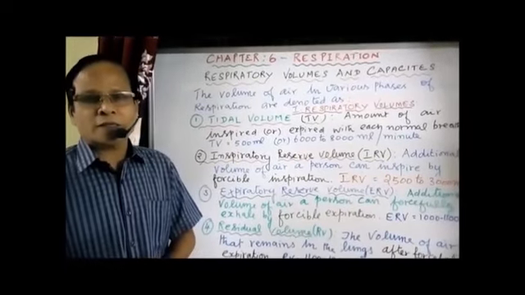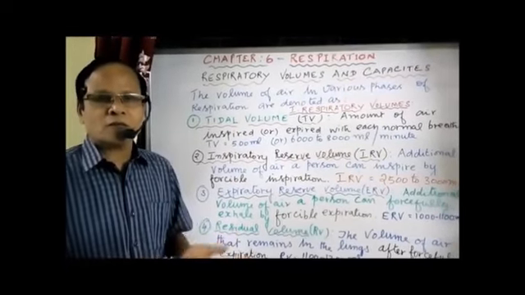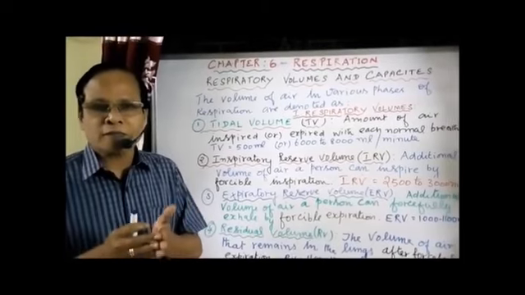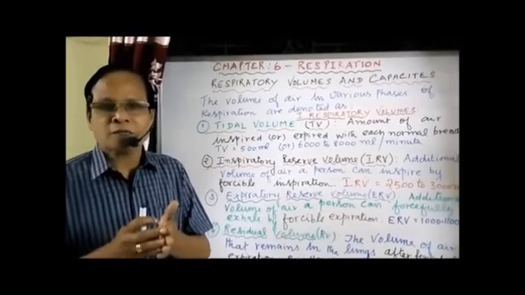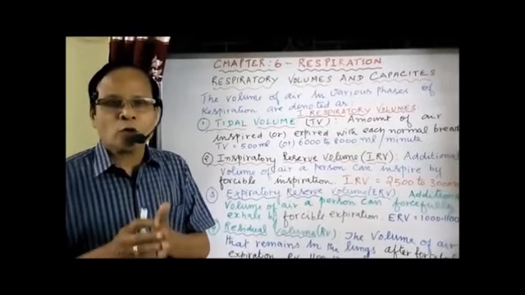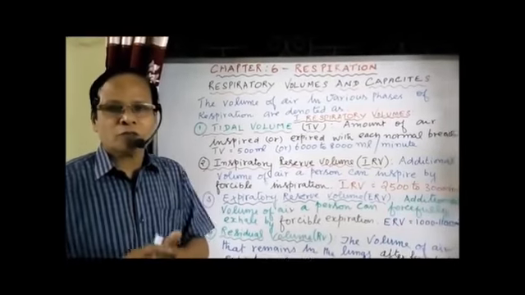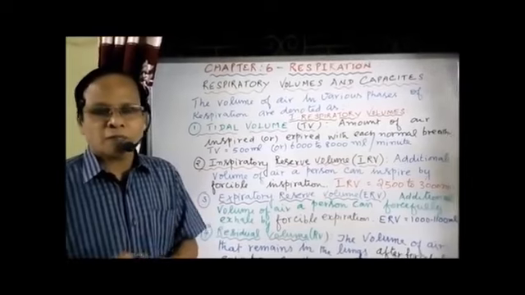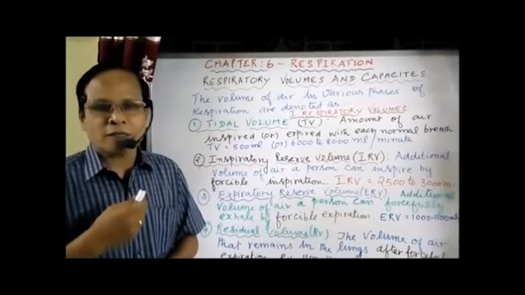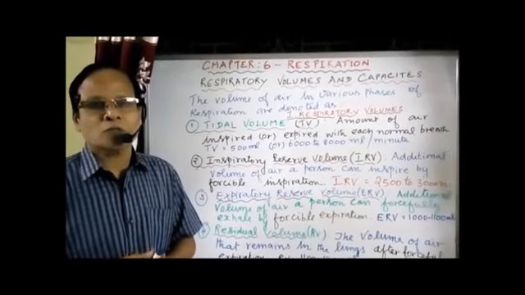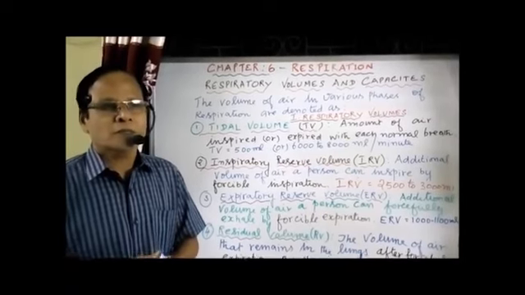When you are sitting idle, tidal volume is the volume of air that enters into the lungs or leaves the lungs during quiet respiration. When sitting normally without doing any work, a certain volume of air enters into the lungs, and that is known as tidal volume.